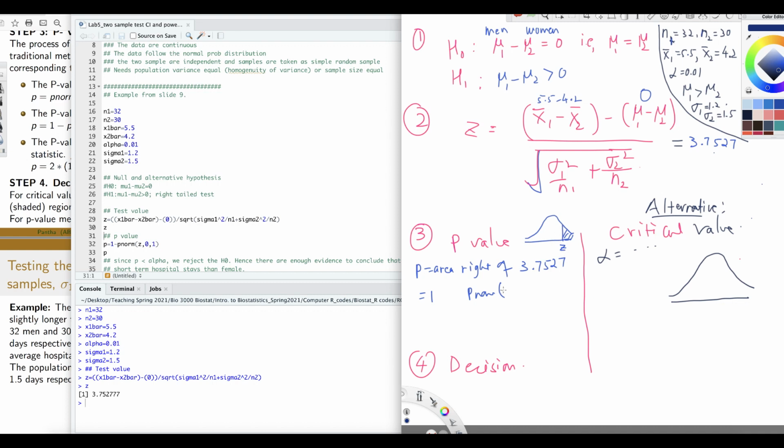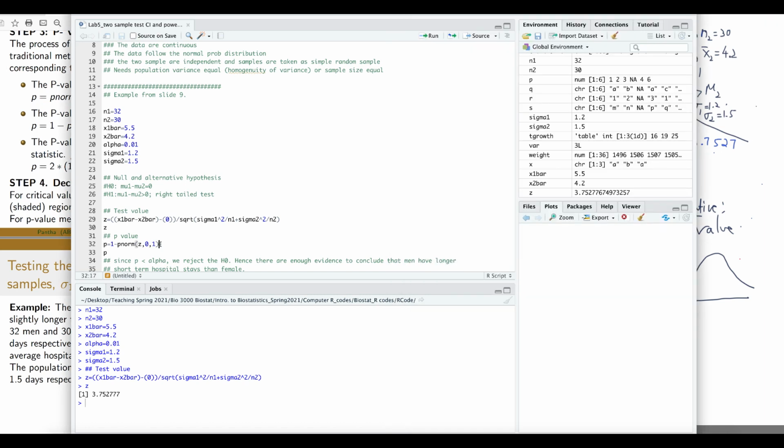Okay. So if you do P norm 3.7527 and then 0, 1, because it is normal distribution, then it will find out the left area, but you want to find the right area, that shaded area. So that is 1 minus the left area. If you do that, what do you get? Let me find out. This is what I want you guys to do in the homework, if I give you homework like this without data.